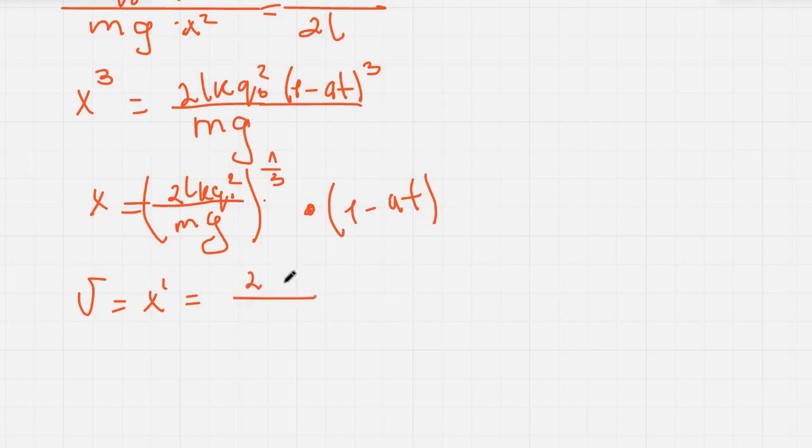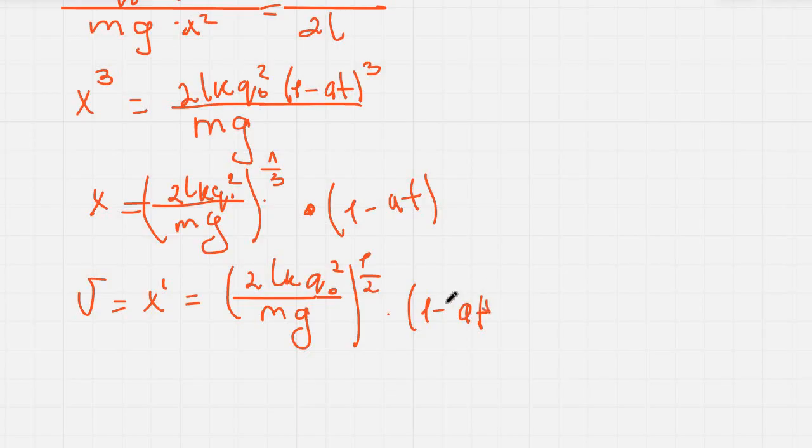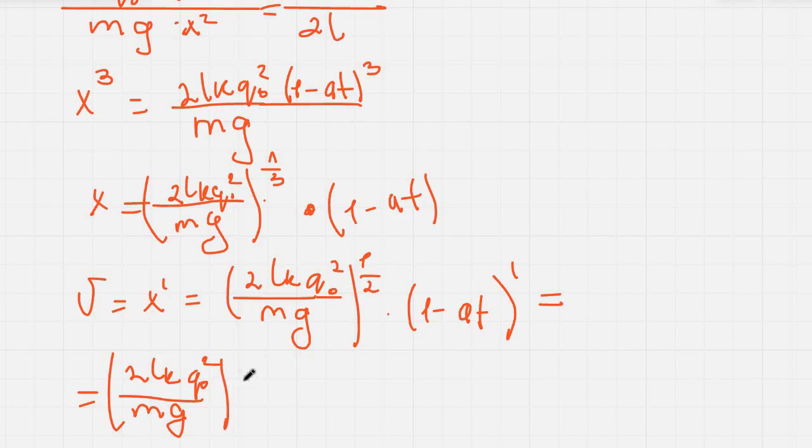So 2L k Q0 squared over mg, to the power of 1 over 3, multiplied by (1 minus a t).